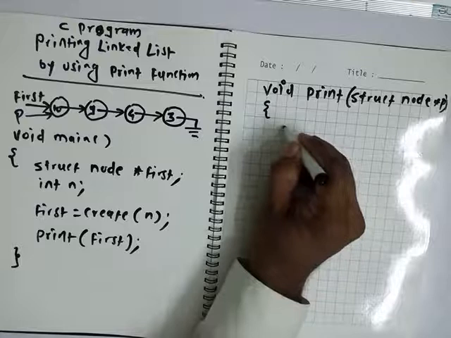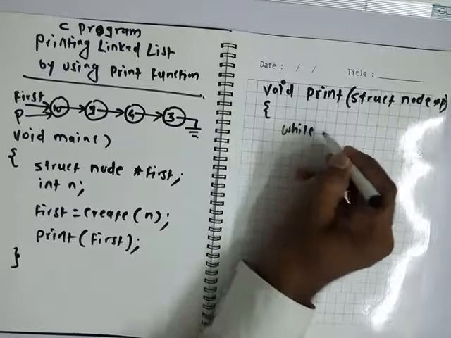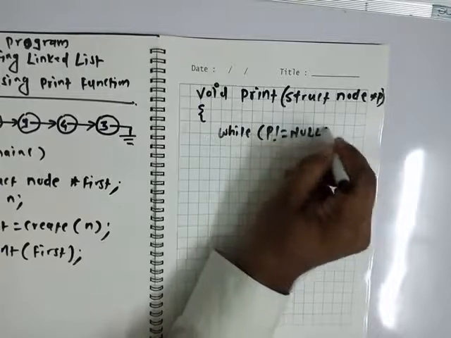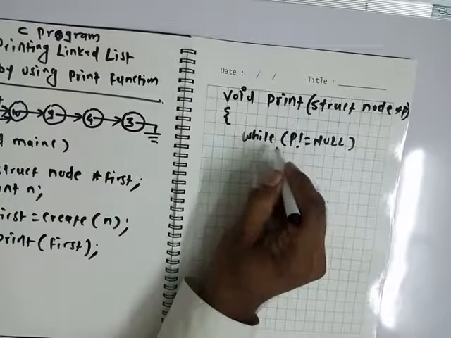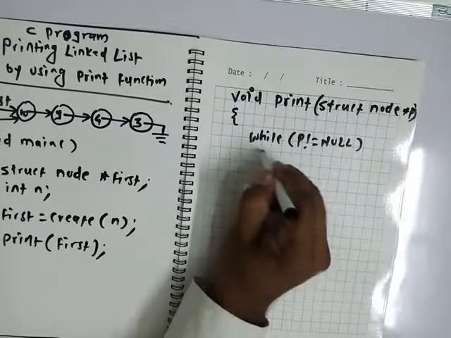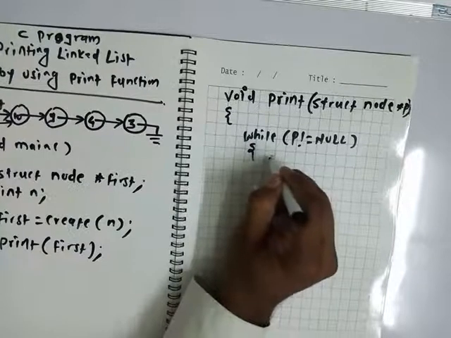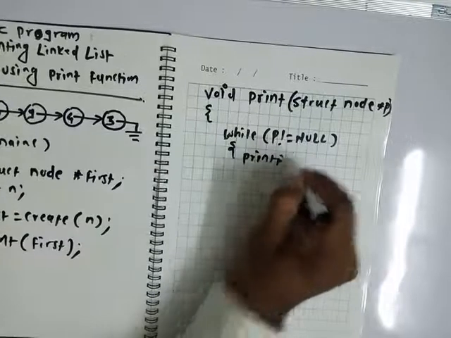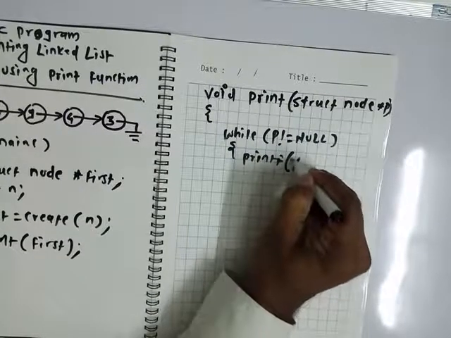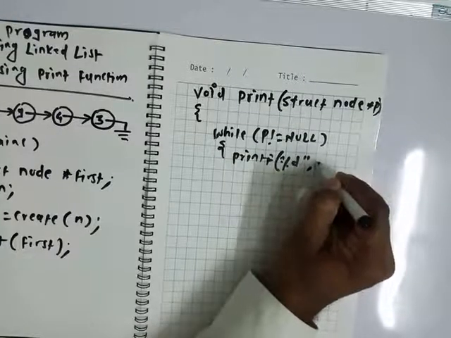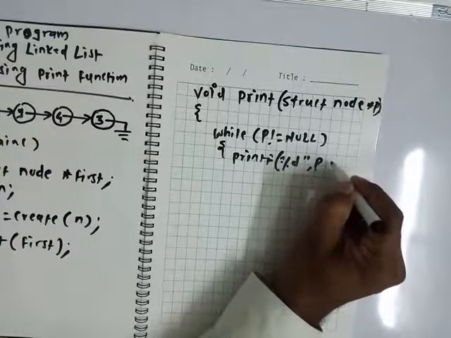So while p is not equal to null, if p is not pointing to null, that means there is a node, then we'll print the data. I will say printf %d, p arrow data.